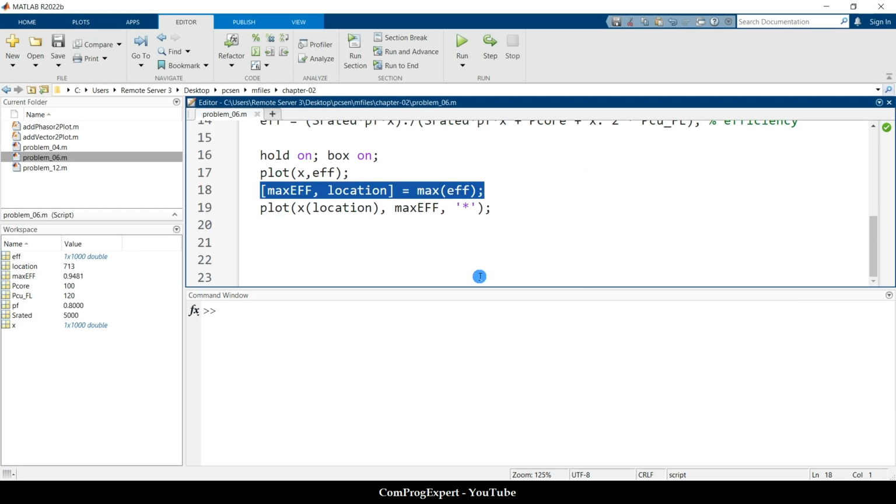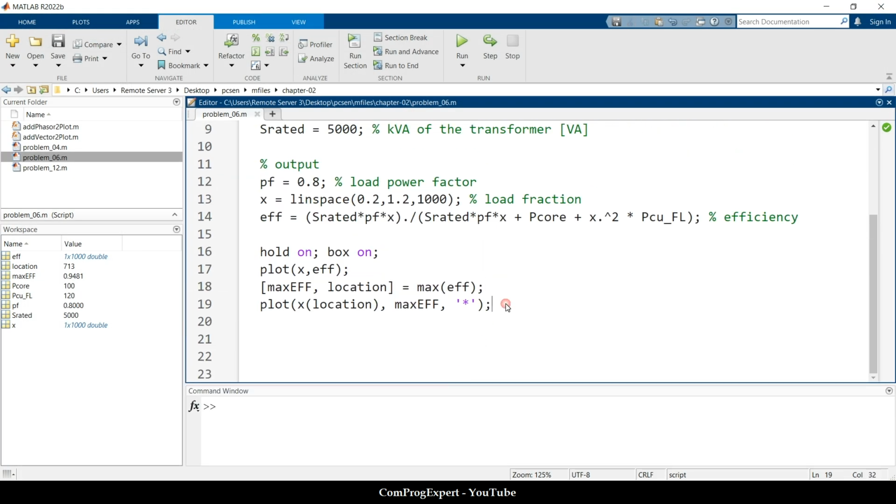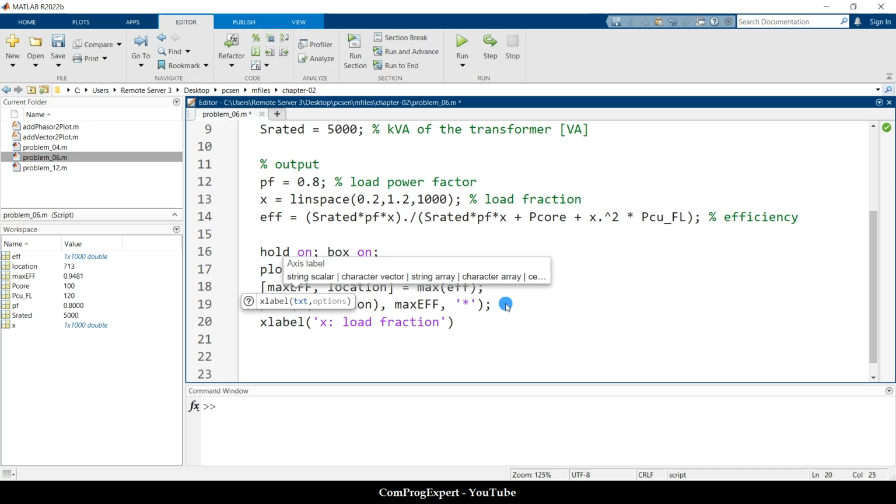So let's add the proper labels here. X label is x, that is equal to load fraction, equal to S divided by S rated. You know that.